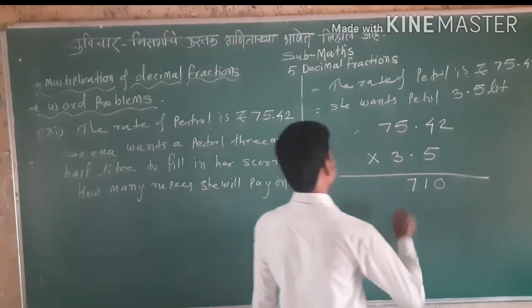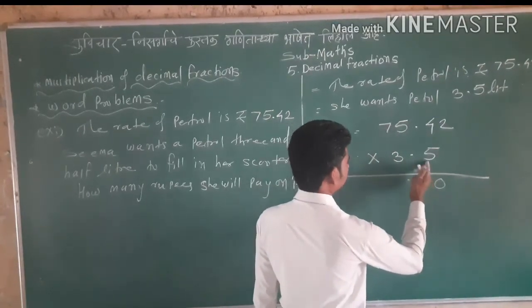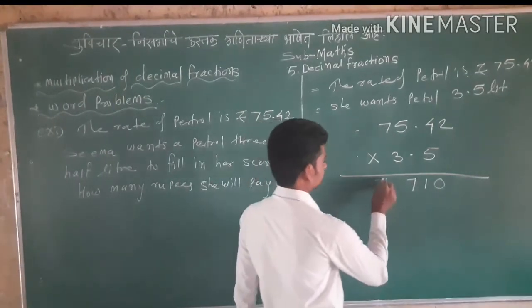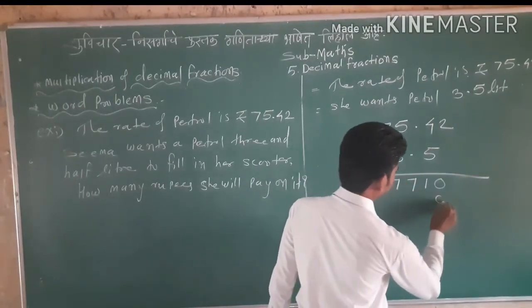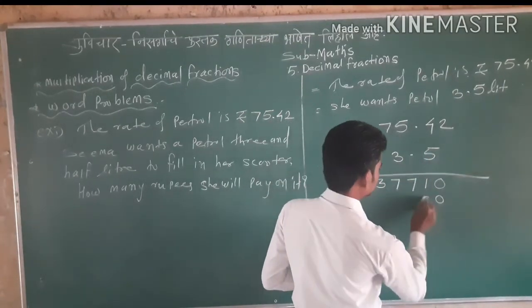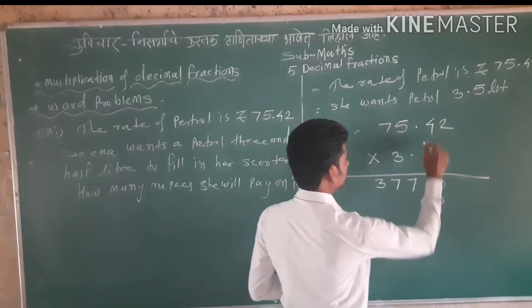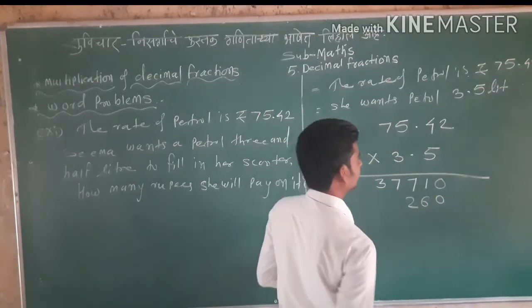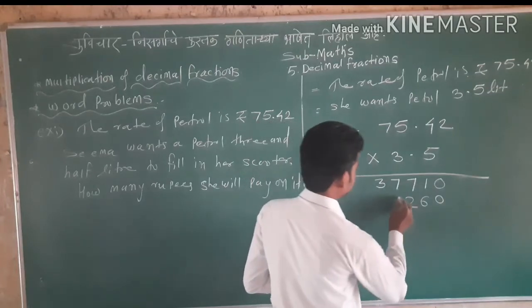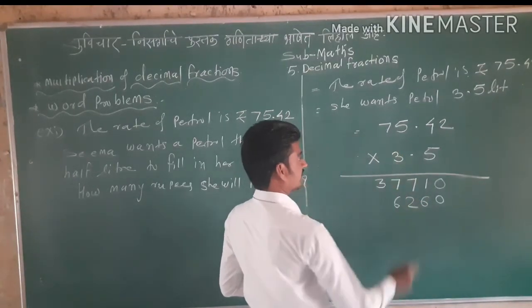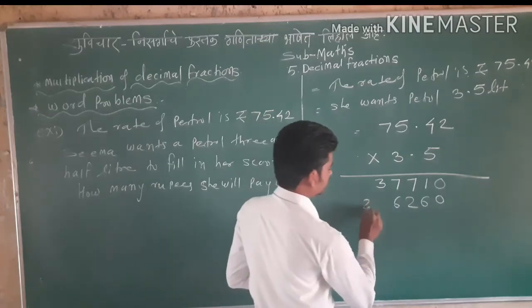Plus 2 is 27 carried over 2. 5 sevens are 35 plus 2 37. Next, 3 twos are 6, 3 fours are 12 carried over 1, 3 fives are 15 plus 1 16 carried over 1, 3 sevens are 21 plus 1 22.